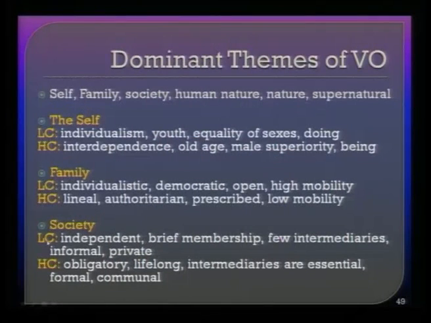In terms of society as such, in low context culture, the dominant themes and the value orientations associated with those dominant themes are independent, the society itself is independent, brief membership, few intermediaries.